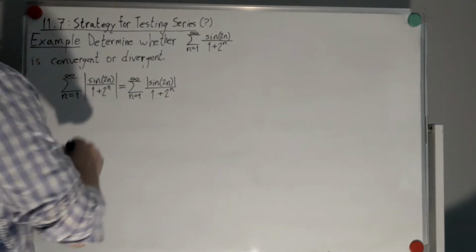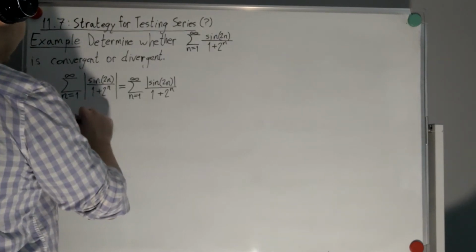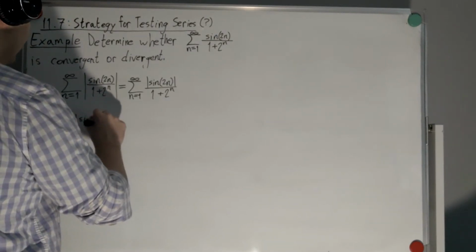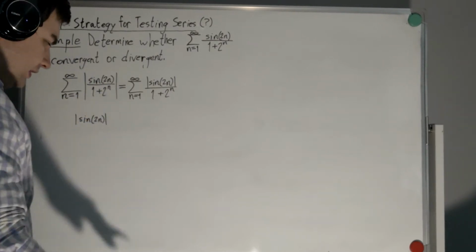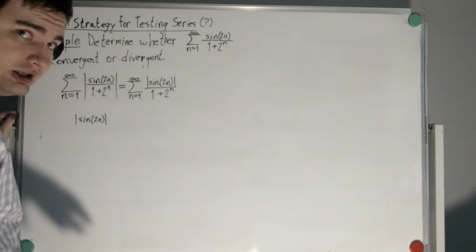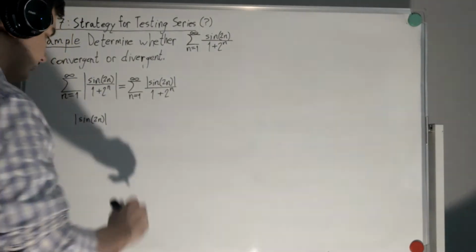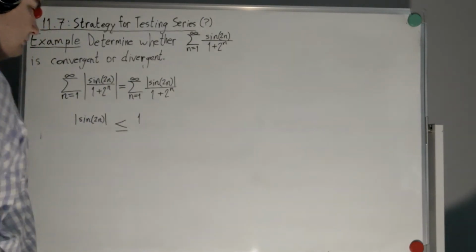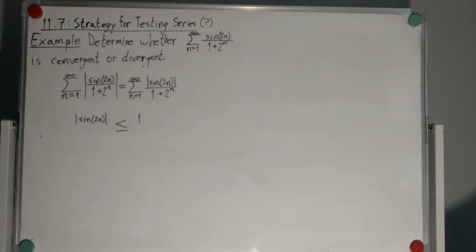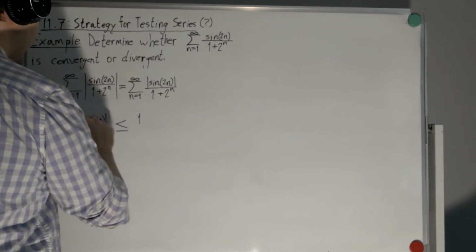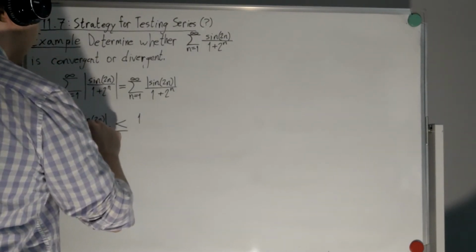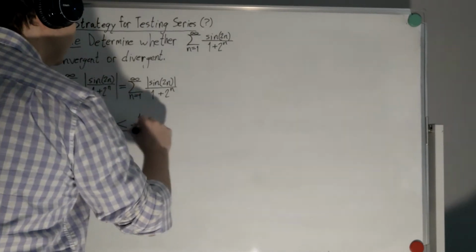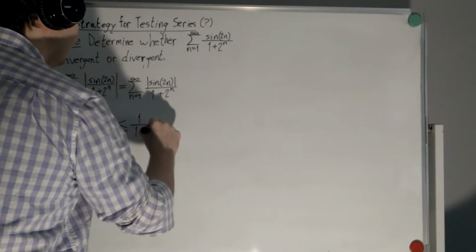Now, the absolute value of the sine of 2n, whatever that is, it's going to be less than or equal to 1. And of course, then you just divide both sides by 1 plus 2 to the n, and since 1 plus 2 to the n is positive, there's no need to flip the inequality.